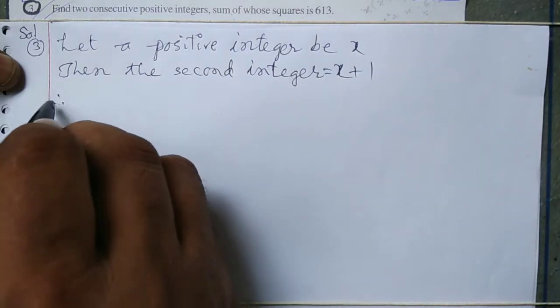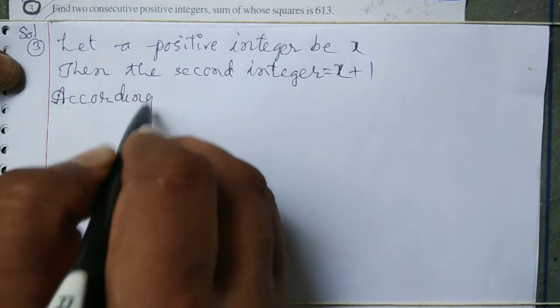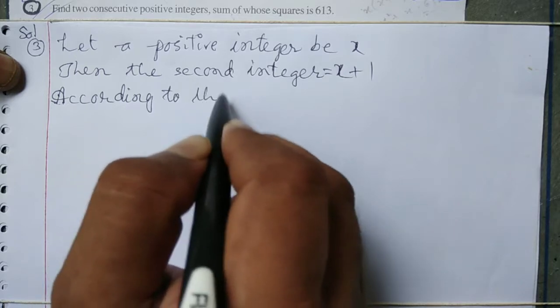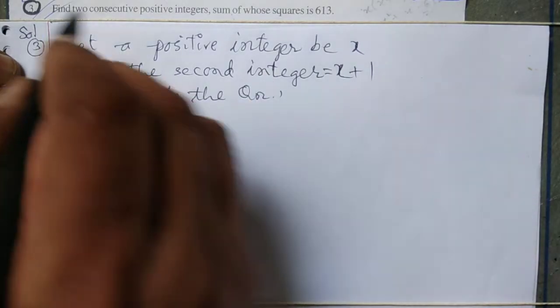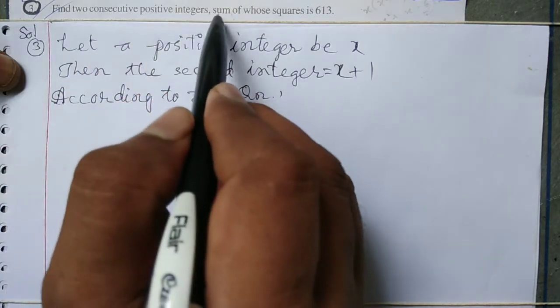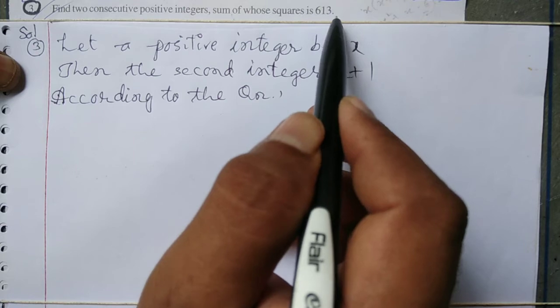Therefore, according to the question, sum of whose squares is 613.